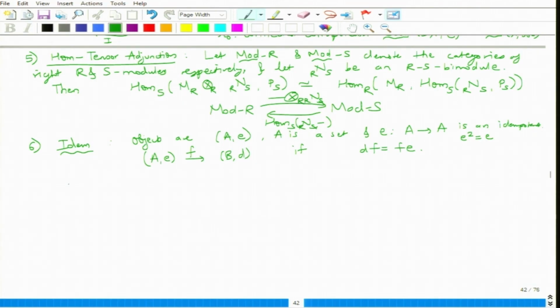Now, from the category of idempotents to the category of sets, obviously we have some functor. You can always give me an example of one functor. Identity functor?